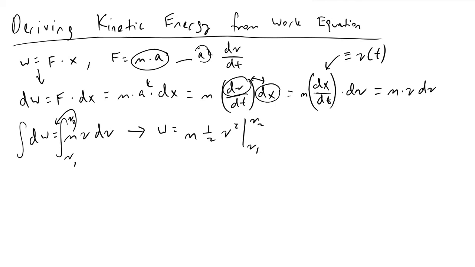This is equivalent to this form, which is equal to 1/2 m times v2 squared minus v1 squared. And so this equation right here is what we'll commonly denote as kinetic energy.